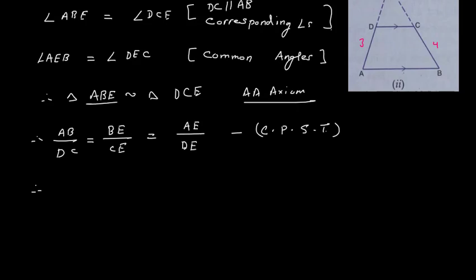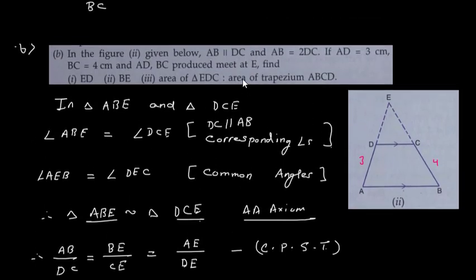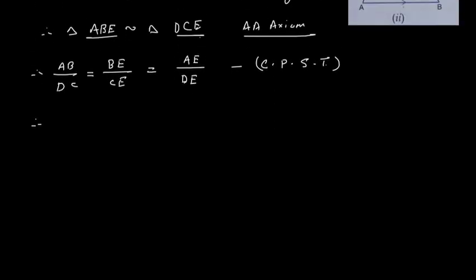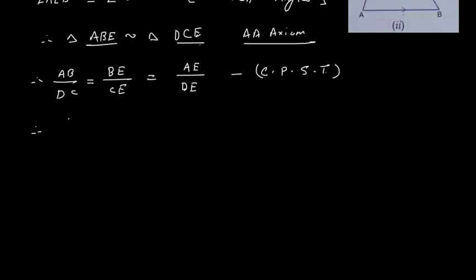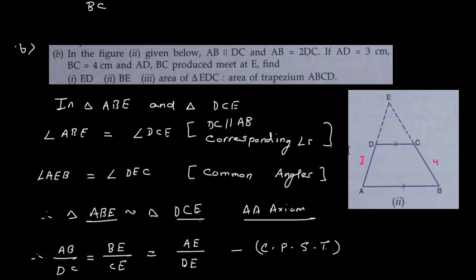Okay, now AB upon DC, in the problem it is given 2 upon 1. So therefore 2 divided by 1 is equal to BE upon CE. Now let us put the other values. BE is not given, but we have been given this AD and this BC.